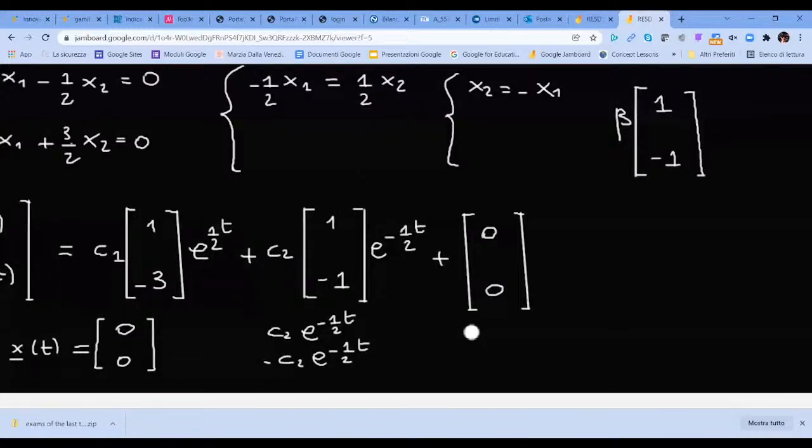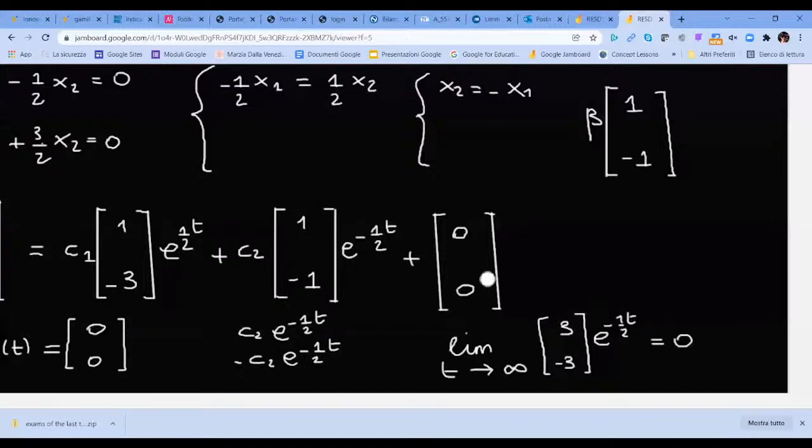It is not important what C2 is, because we already have the minus that is equal to 0, because this steady state is 0, 0.